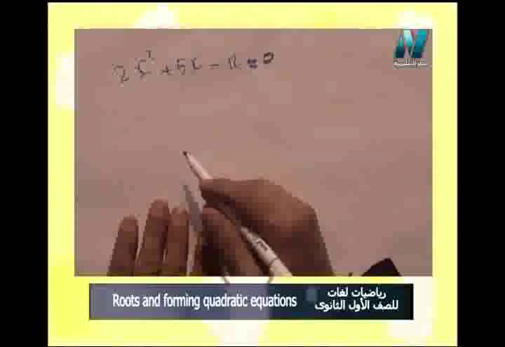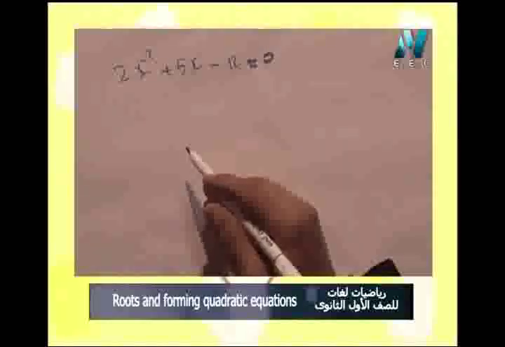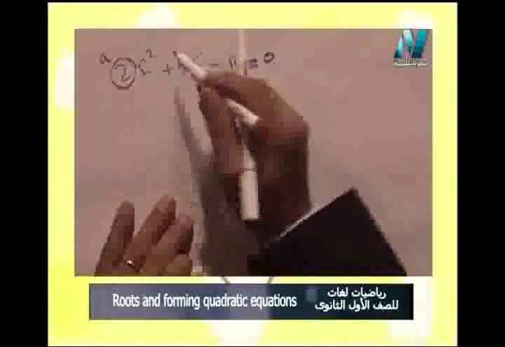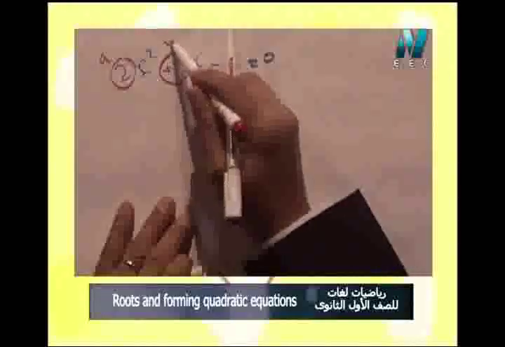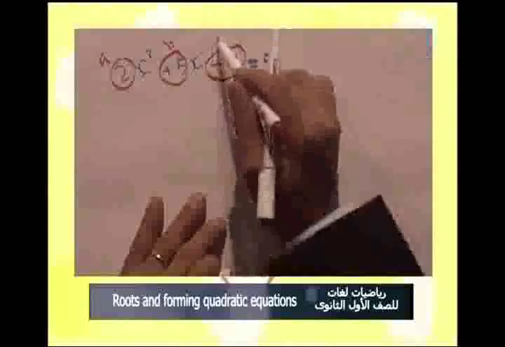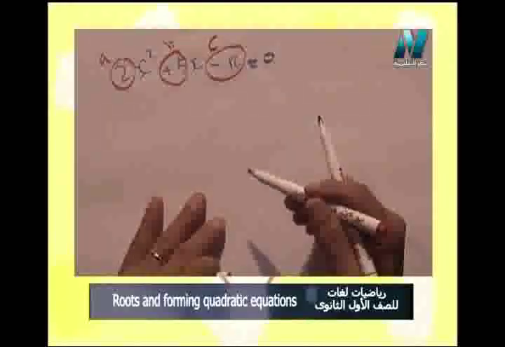A is the coefficient of x power 2, which is 2, B is positive 5, and C, the absolute term, equals negative 12.